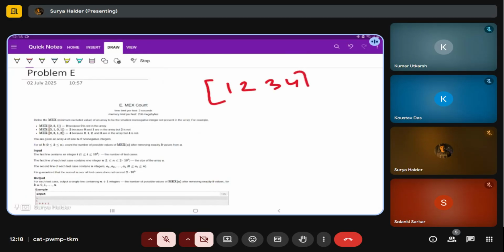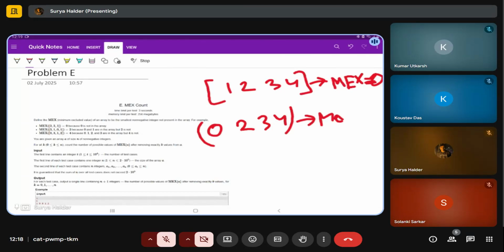So 0 will also be included in max. So the max of this is 0 because 0 is a non-negative integer which is not present in this array. Suppose 0 is present and 2, 3, 4 are present. So the max of this is 1 because 1 is the smallest non-negative integer which is not present in the array.